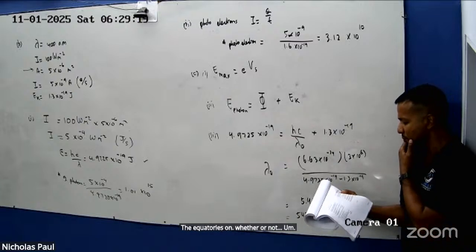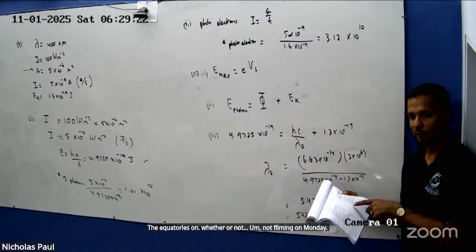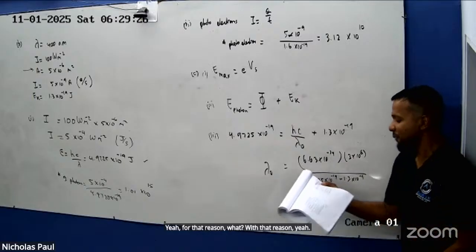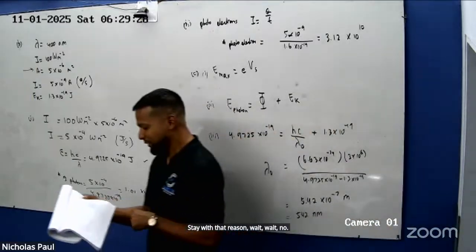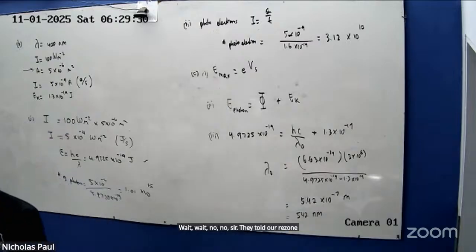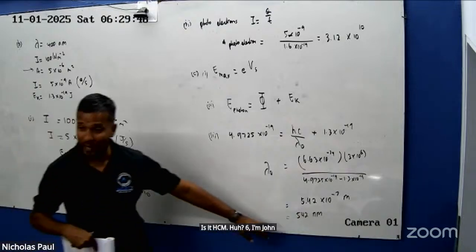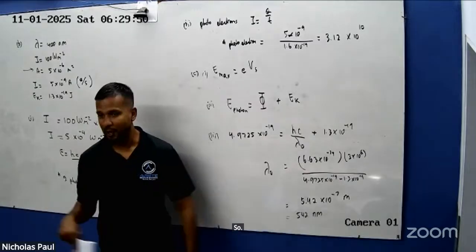State with a reason whether or not photoelectron will be emitted if radiation of wavelength 618 nanometers is incident. 680, because it's more than the threshold, so nothing will happen.